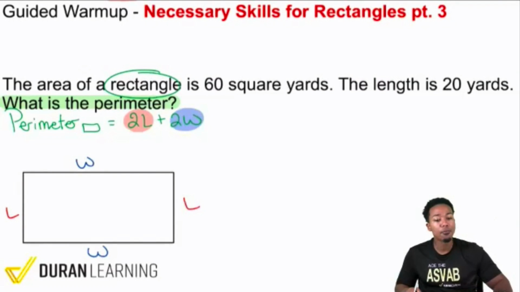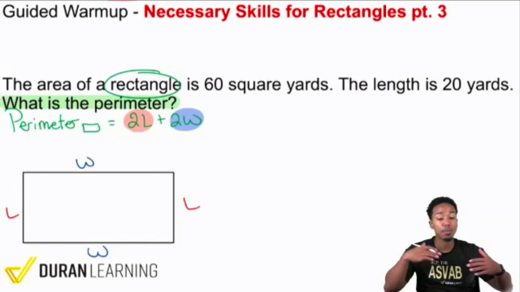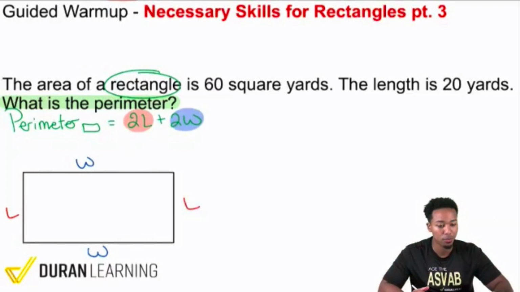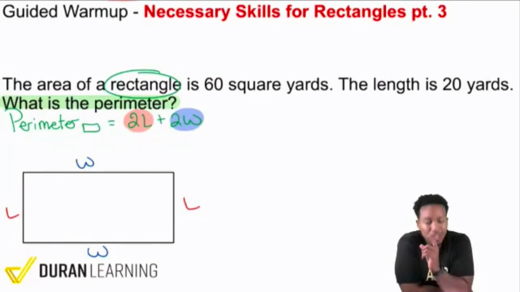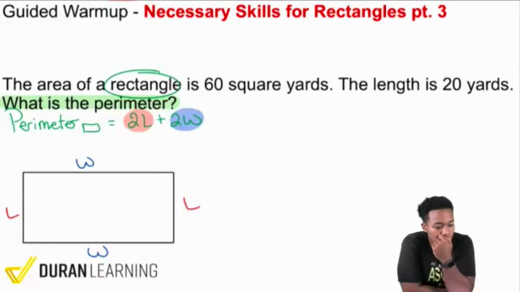Before we even begin with the information of the problem, I need you to confirm for me. If I had the length and I had the width, I can get the answer right away. Yes or no? Great. Yes.